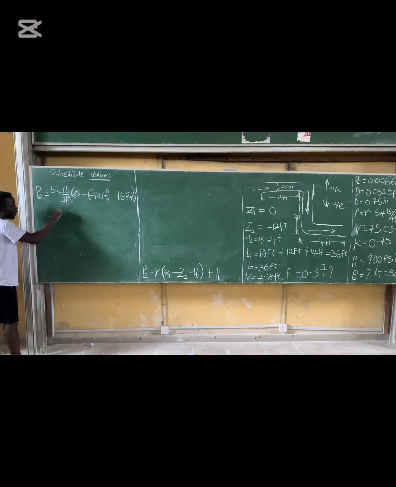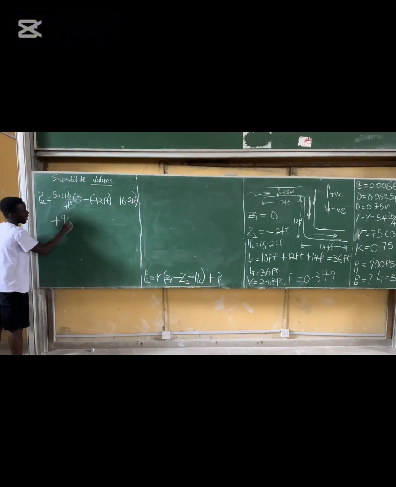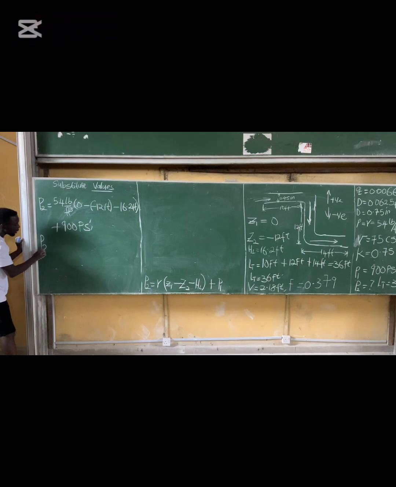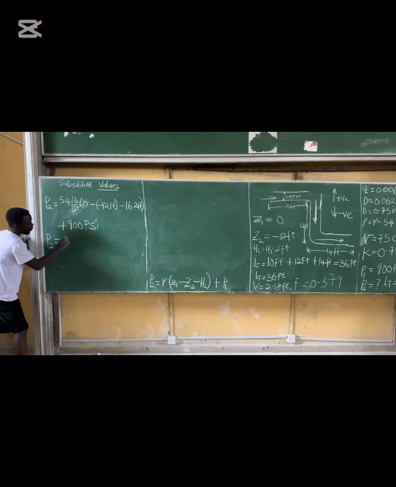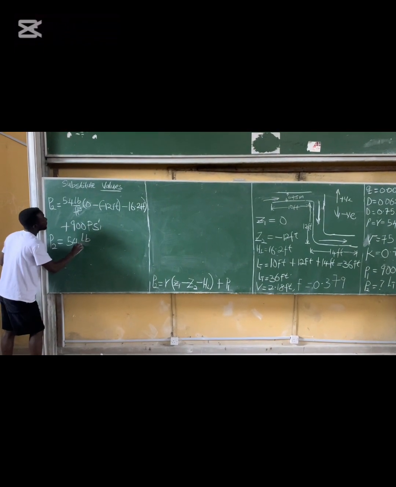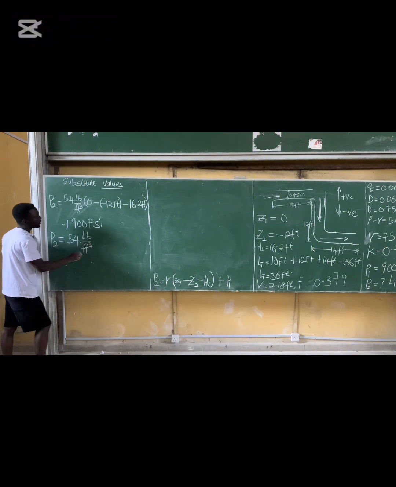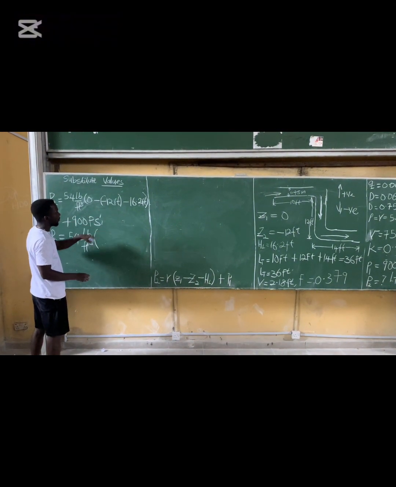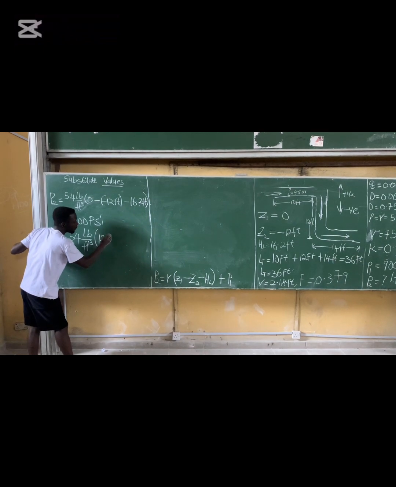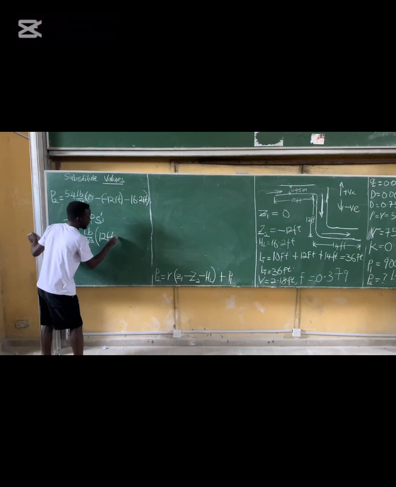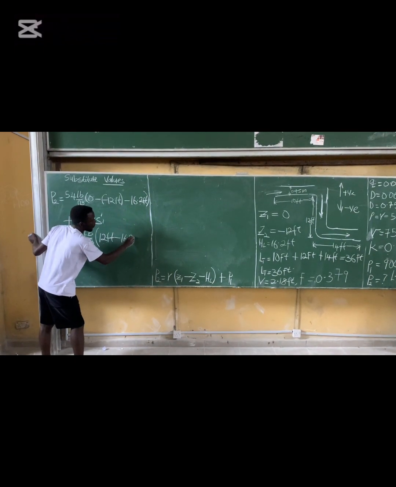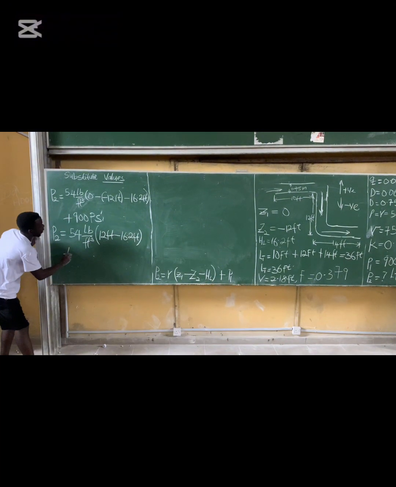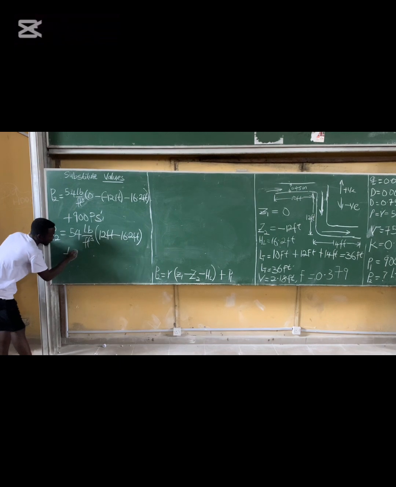Then plus P1, which is 900 psi. So this will give us P2 equal to 54 pounds per cubic feet into, minus times minus gives plus, 12 feet minus 16.2 feet, close the bracket, plus 900 psi.